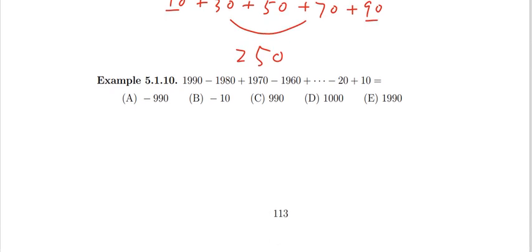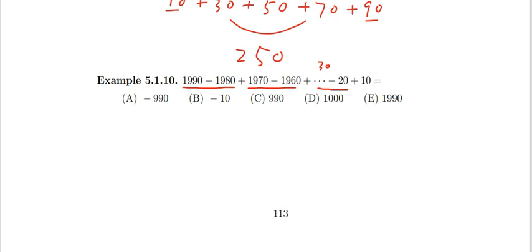So for this problem, same way. We can check this first, then this, then another. Here we need to check: this minus this first one is 30 minus 10, so 10 plus 10 plus 10 plus 10.